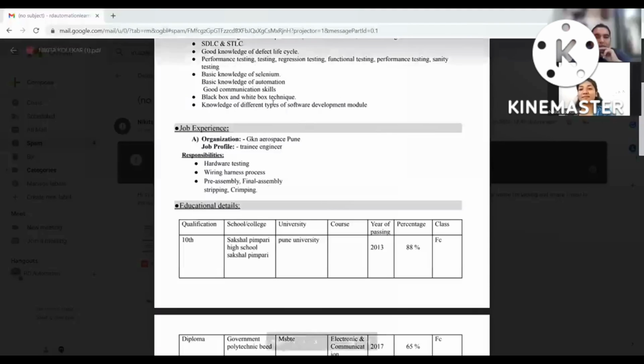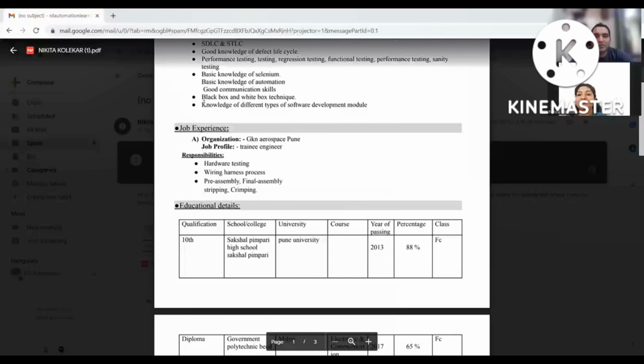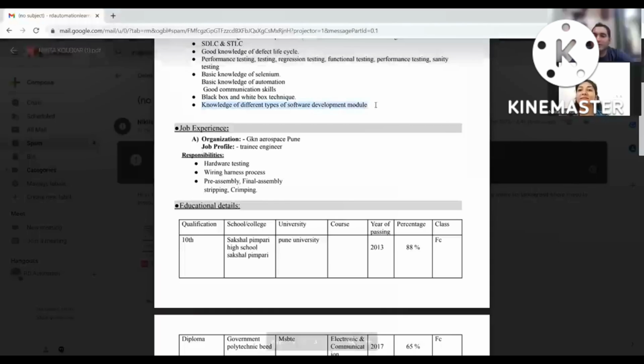One more thing I found: knowledge of different types of software development models is there. It's not module, it's models. MODEL. In your answer also, when you were answering me, I think you were using the word module.